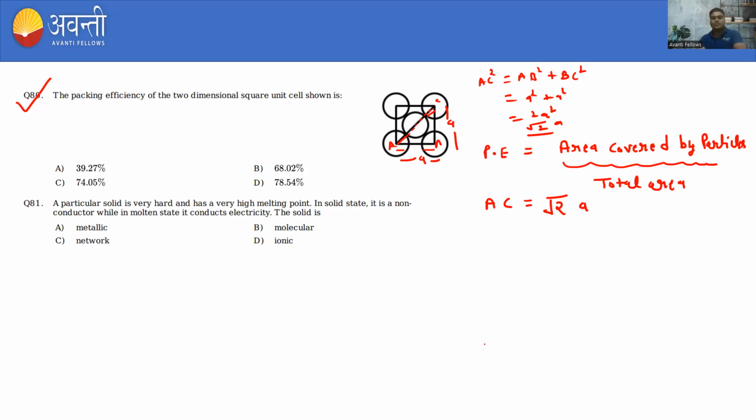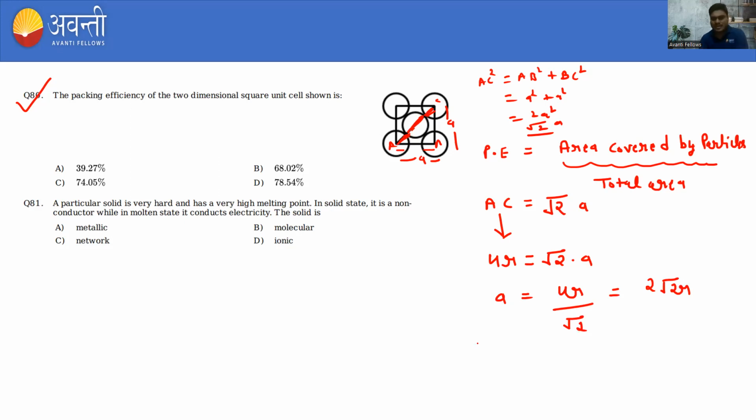Now we also know that this AC is equal to 4R, as we can see this is R, this is 2R, and this is again R. So 4R is equal to under root 2 into A. From here you can easily calculate the value of A: A comes out to be 4R by under root 2, or we can also write it as 2 under root 2 R.